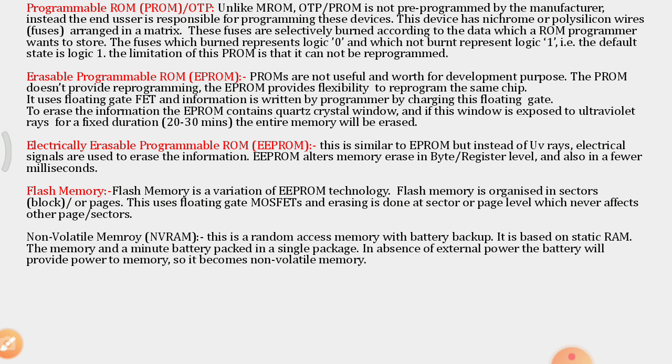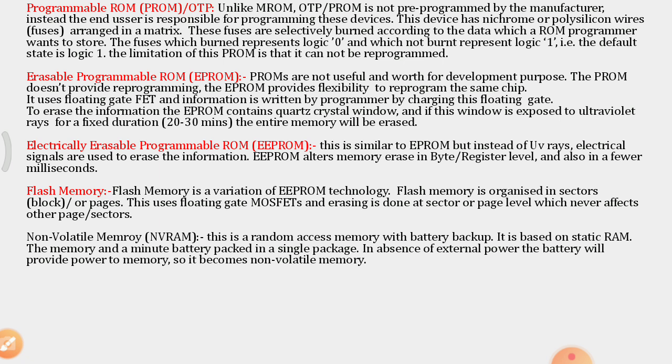So if a programmer wants to store his program, he has to burn selected fuses. It means he is writing the data into the PROM chip. So the fuses which are burned represent logic 0 and which are not burned represent logic 1. So by default the state of this PROM is always logic 1.